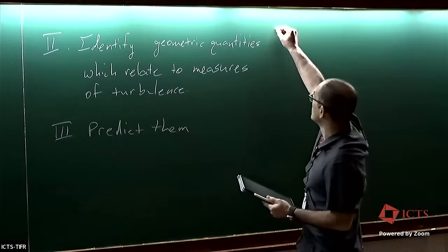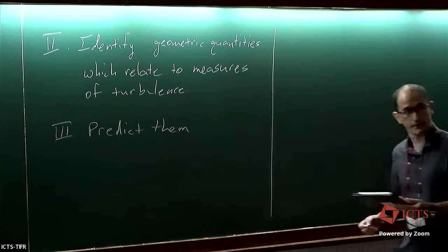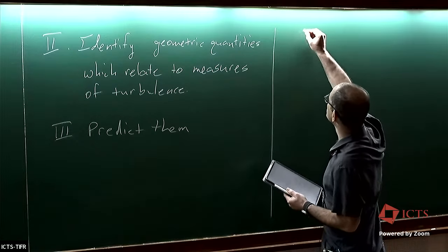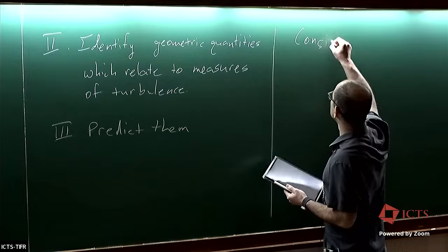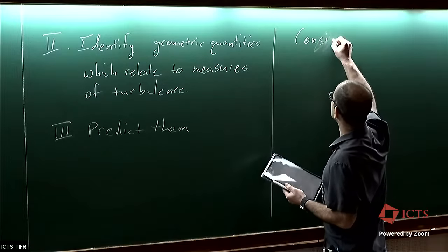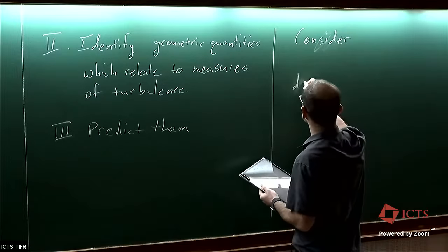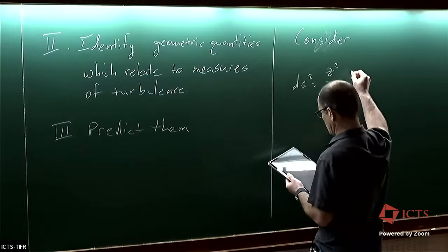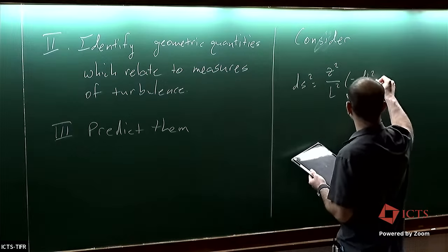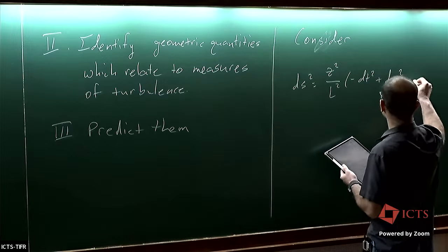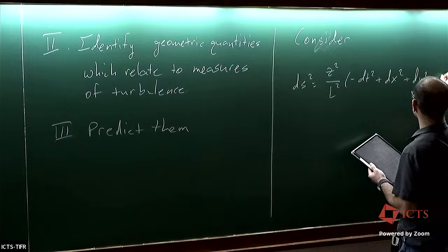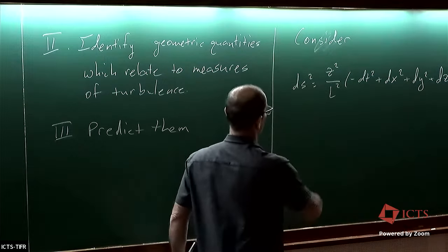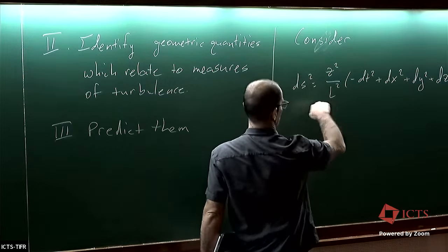Okay. Let me start by just explaining what AdS space is. So let's look at this line element. L is some scale, a fixed parameter.